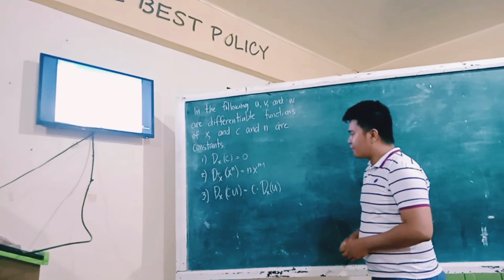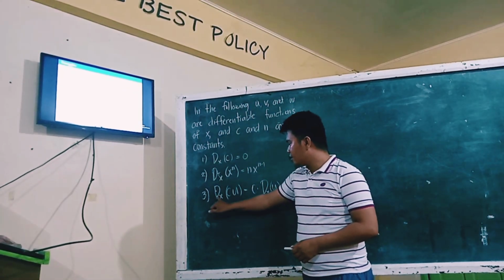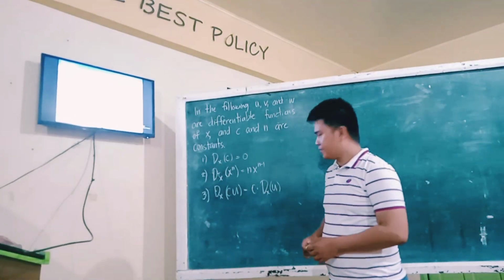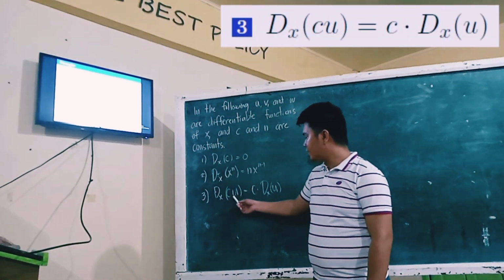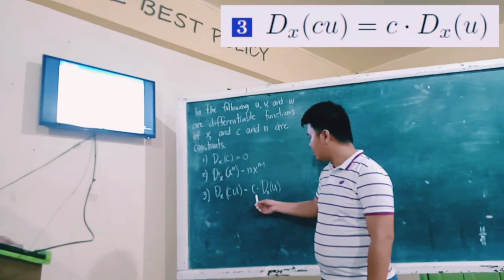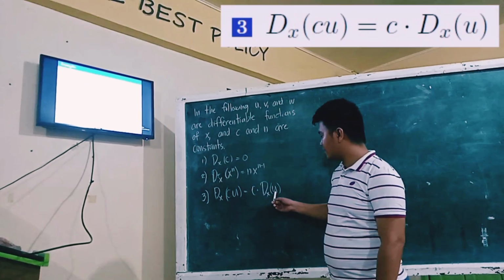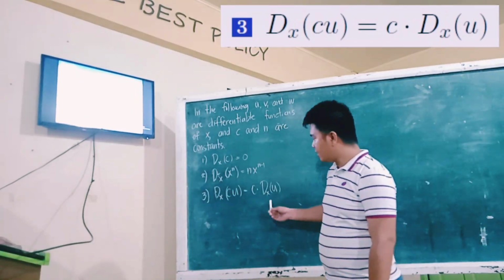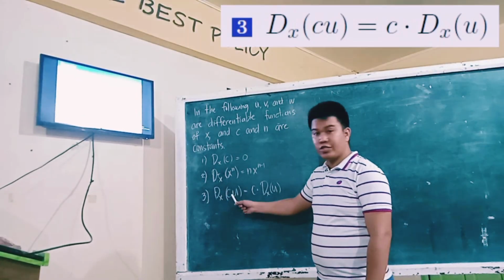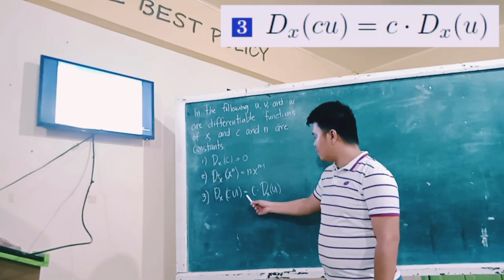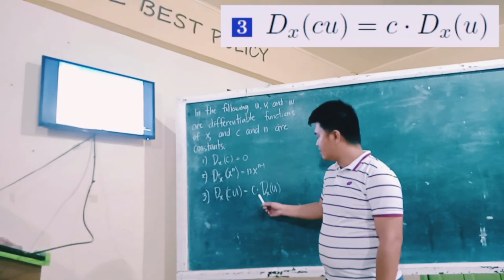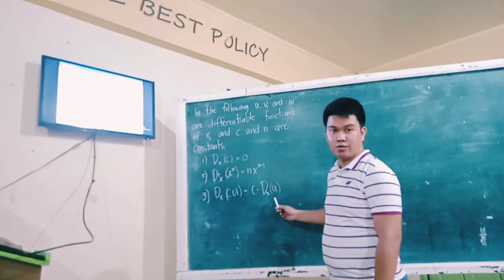The next formula is called the constant multiple formula. It is given with the formula d/dx of c times u is equal to c times the derivative of u. By the way, it is read as the derivative of c times the function u with respect to x is equal to c times the derivative of u.